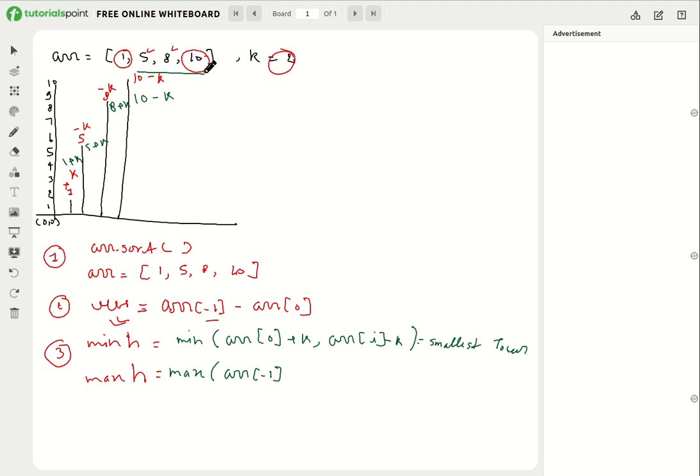Then we will do the minus k, and then again array of i minus 1 and plus k. Like this we can find our largest tower.